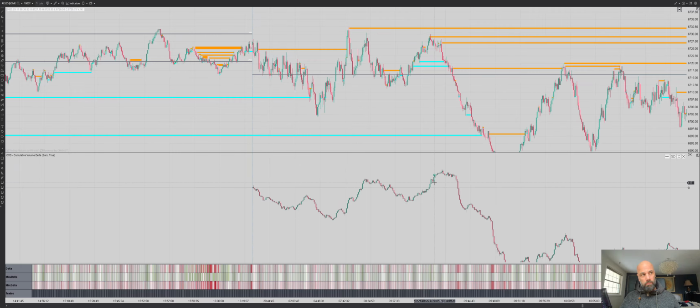So aggressive buyers have their foot on the gas trying to make the market go up, but there's some mystical seller that's basically pushing the market down, and that's why you're getting the divergence between what's actually happening in terms of price versus the interaction between buyers and sellers.